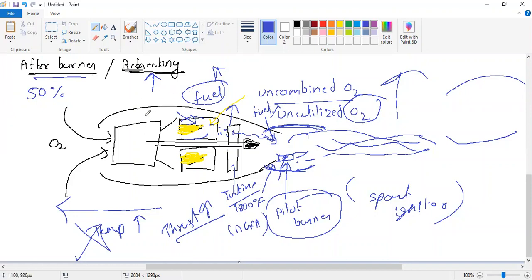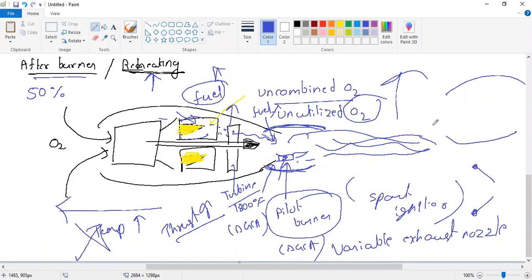If you are using the afterburner, you require a variable exhaust nozzle. This is a very important point. If there is an afterburner, you will always require the variable exhaust nozzle. When the afterburner is not in operation, the variable exhaust nozzle is in the closed position.